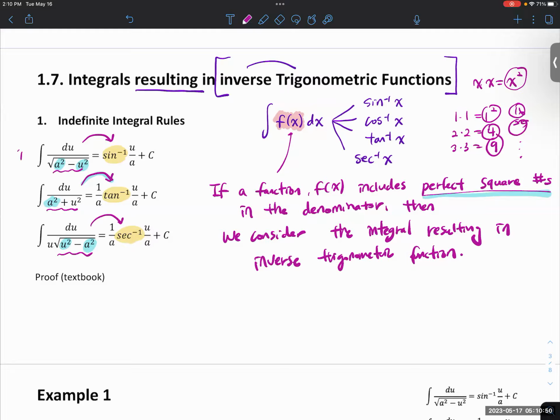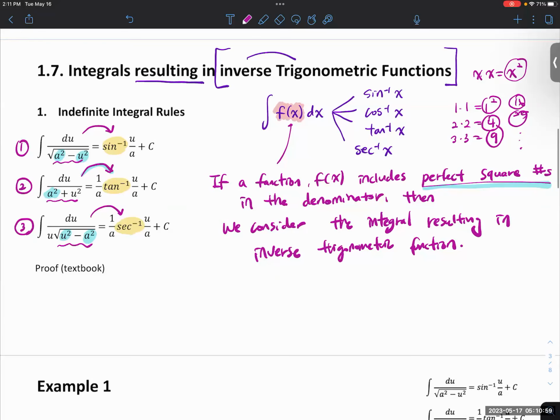This is a particular technique we're going to utilize in chapter 1.7, and I will show you the example. It sounds a little bit abstract, but it's pretty simple. Your outcome after you take the integral includes an inverse trigonometric function. We are particularly looking at sine inverse, tangent inverse, secant inverse. If you have a perfect square number in the denominator, the outcome will always include sine inverse.